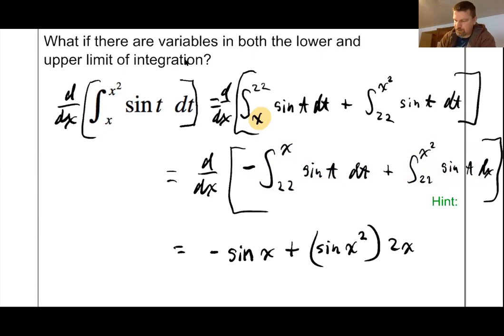Same math, it's just instead of finding the integral and then the derivative, I put the derivative on the outside.